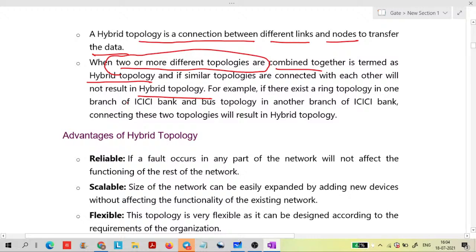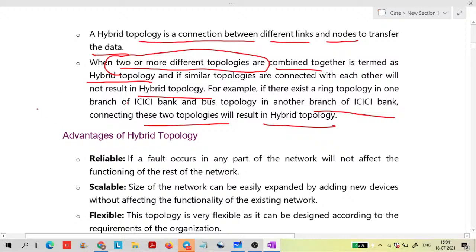For example, if there is a ring topology in one branch of ICICI Bank and a ring topology in another branch, connecting these two topologies will not result in a hybrid topology.